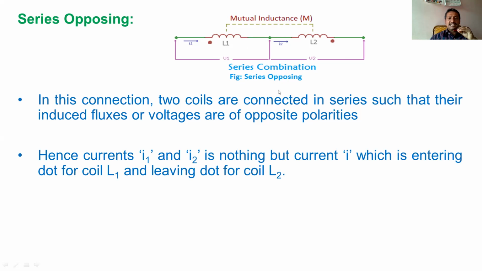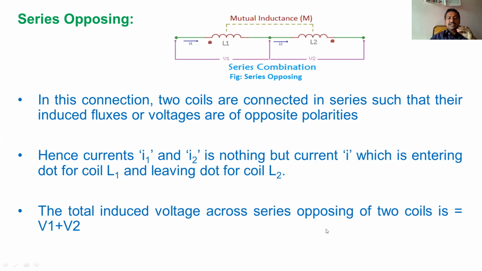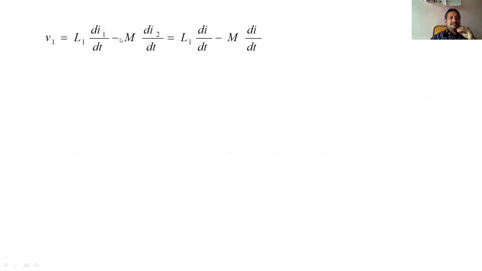So here also the currents I1 and I2 are of the same magnitude, I1 equals I2 equals I only. Here the total induced voltage across the series opposing coils is V1, but V1 again has two parts of induced EMF, self and mutual. Mutual has a minus sign.